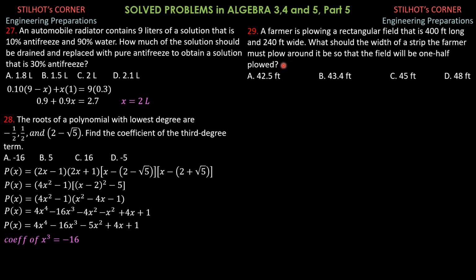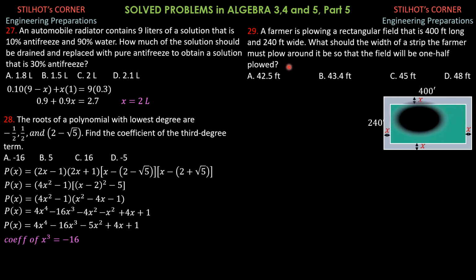So we have a rectangular field measuring 400 feet by 240 feet, and this rectangular shape must be plowed with constant width, and we will call the constant width x.